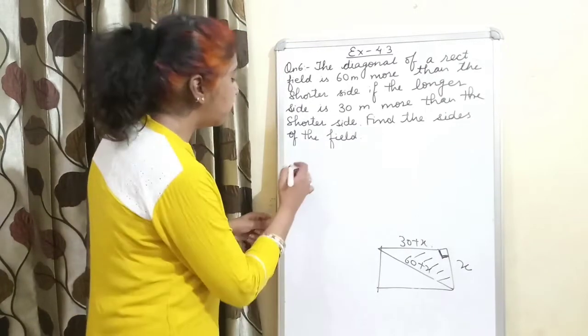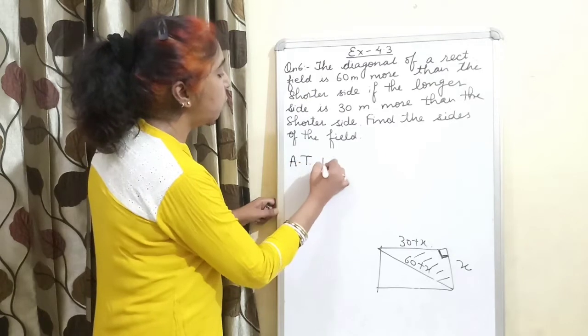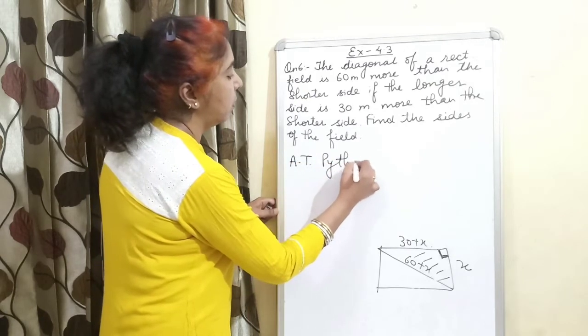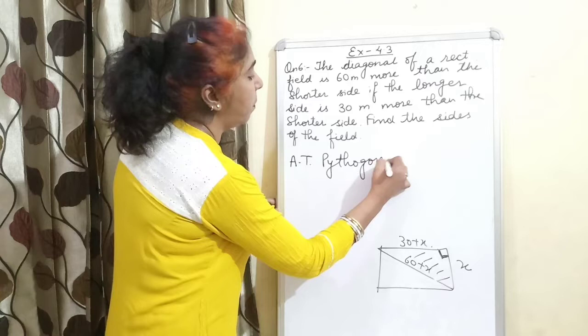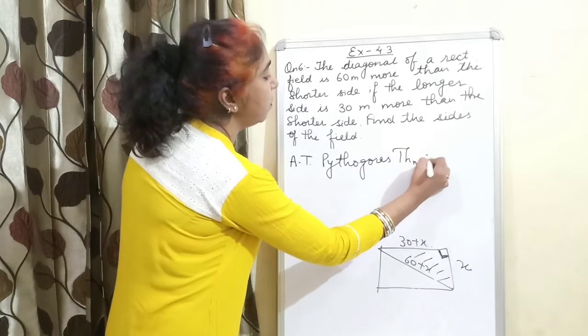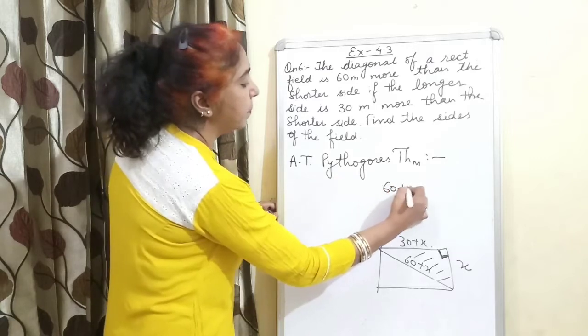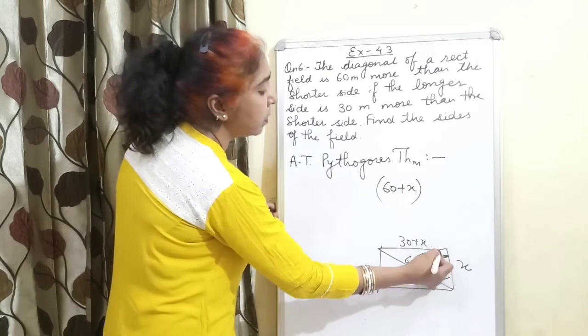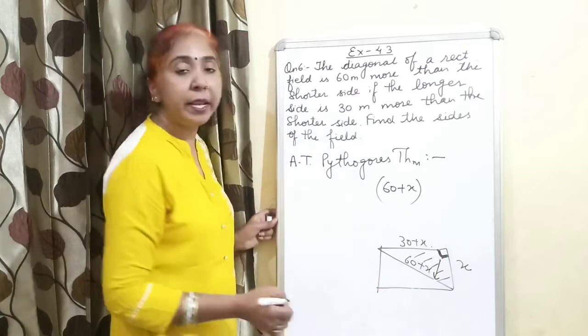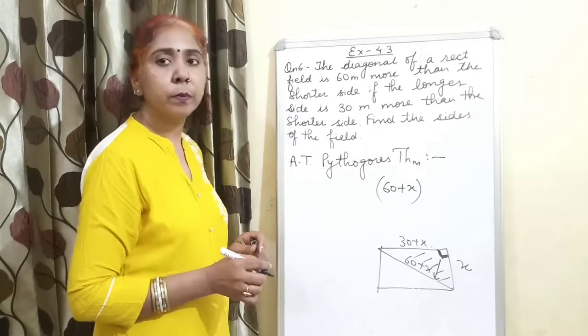Now by the Pythagoras theorem, we have 60 plus x. The side opposite to the right angle is always known as the hypotenuse.